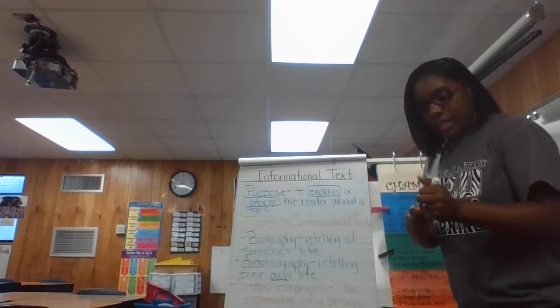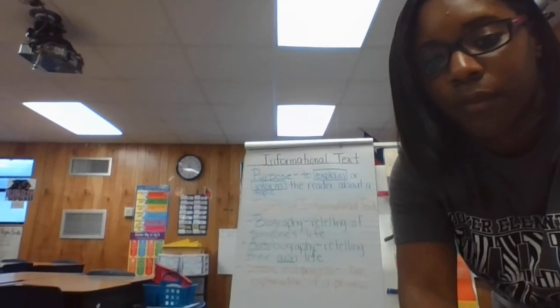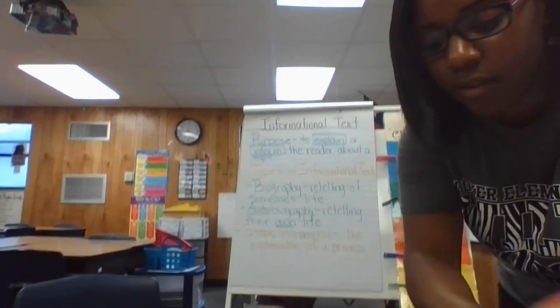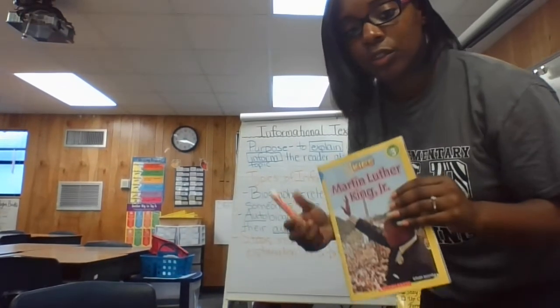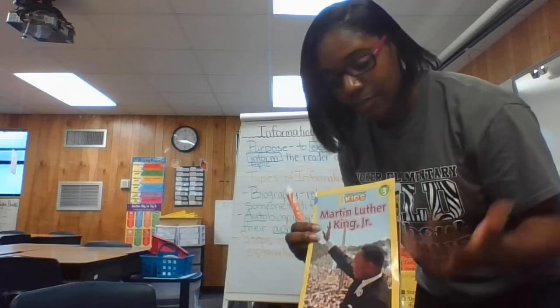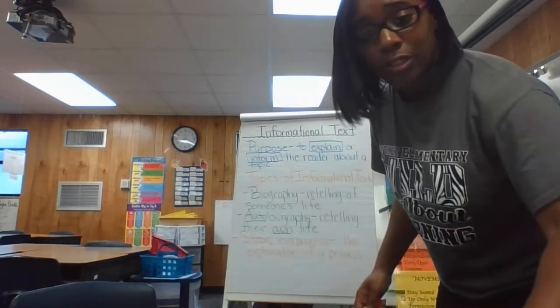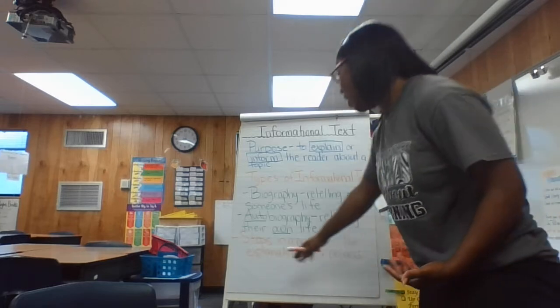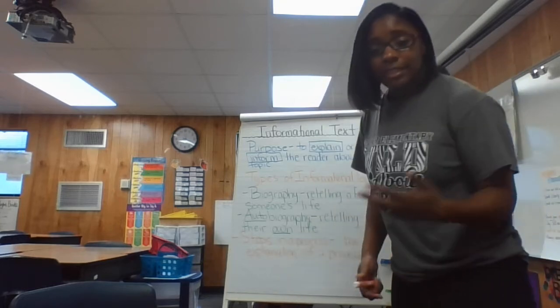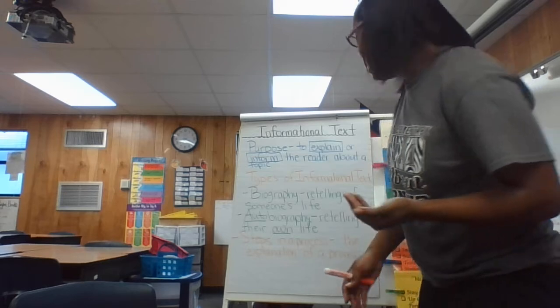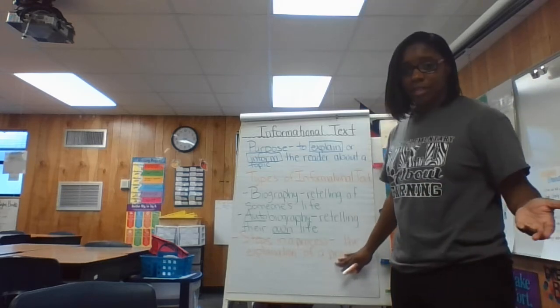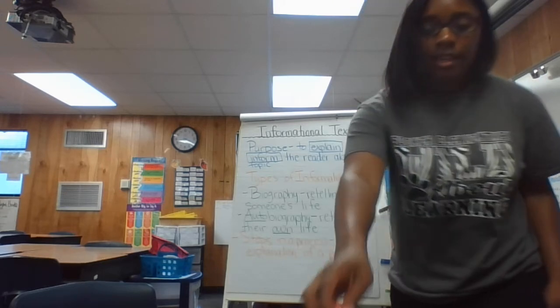Just to recap, so far we have a biography. That's when someone else writes a story about another person. You have an autobiography. That's when a person is writing about themselves. And then you have steps in the process. Steps in the process is explaining how to do something or how to make something.